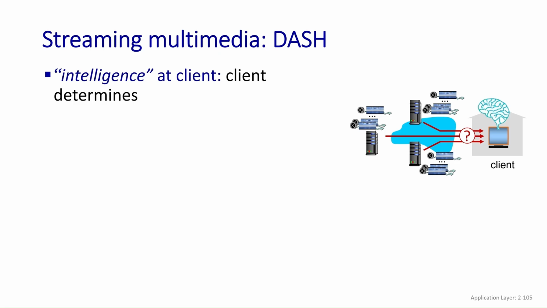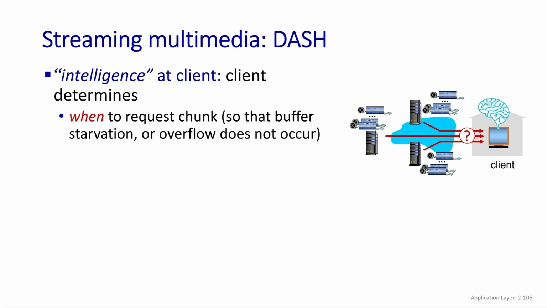So the client is intelligent because it determines when to request a chunk, right? So that buffer starvation or buffer overflow does not occur. We don't want a scenario where this is the original transmission and this is what we are receiving.